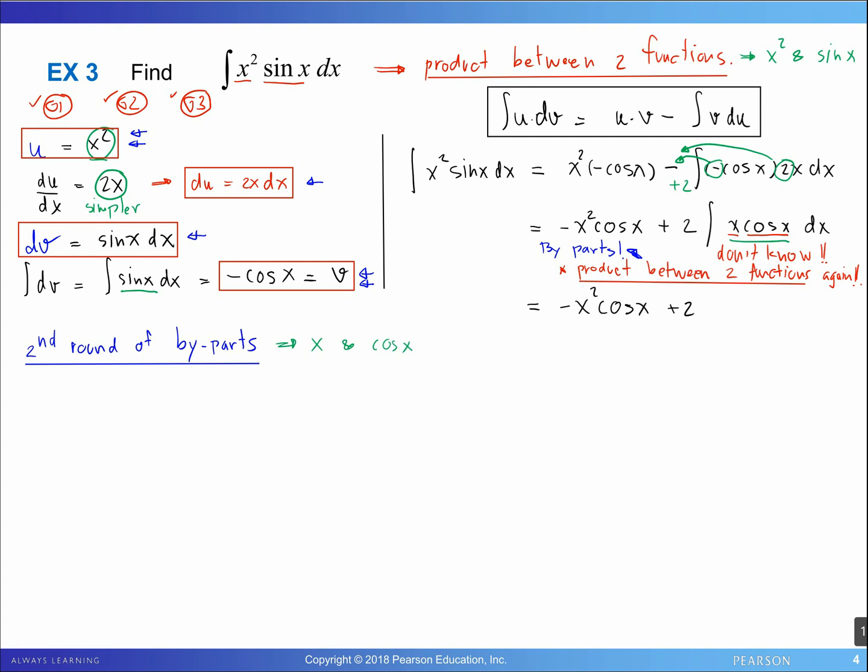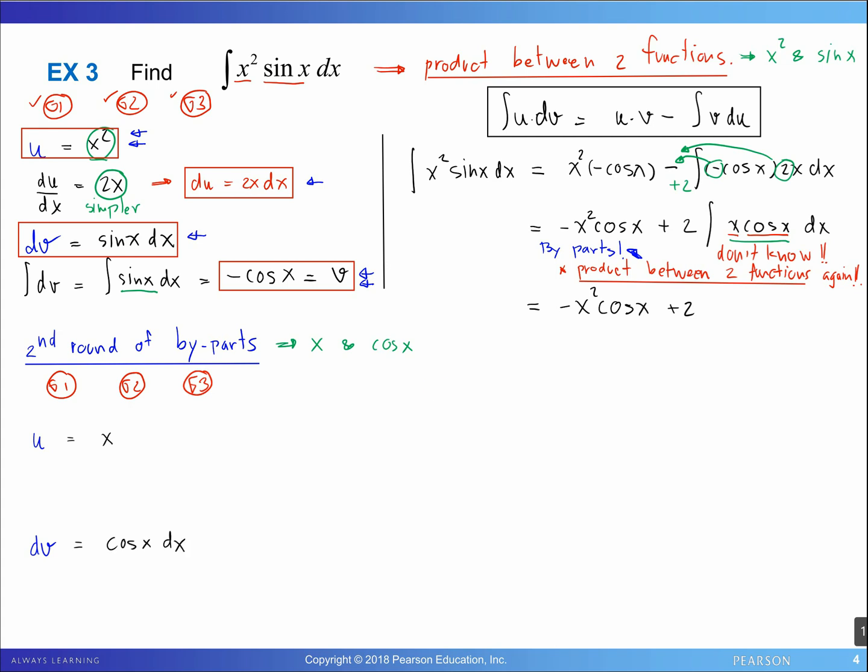This time, once again, we check g1, g2, and g3. Just like the first round, we need to assign a function to u and the other to dv. So let's try this. u equal to the first function x and dv equal to the second function cosine x dx.